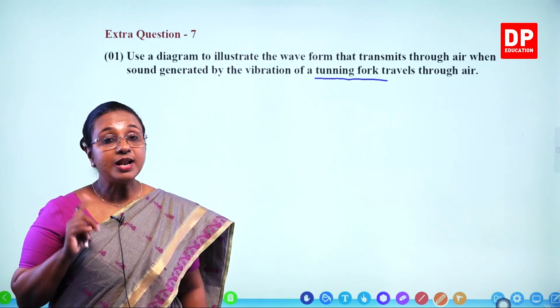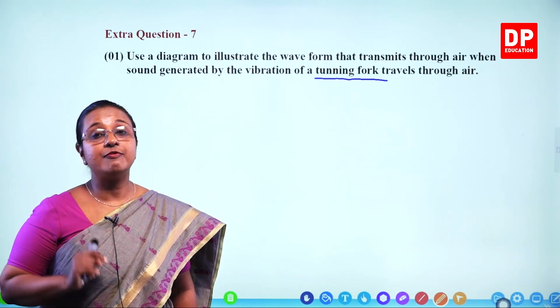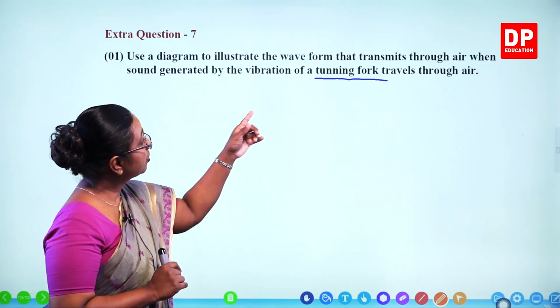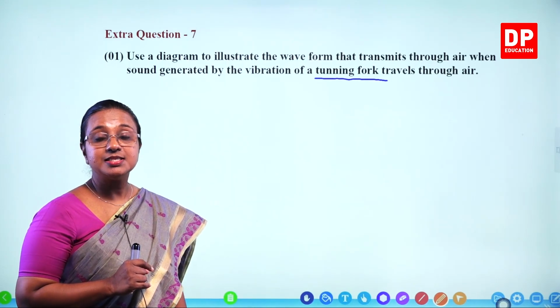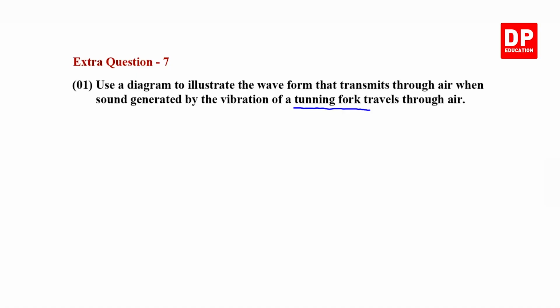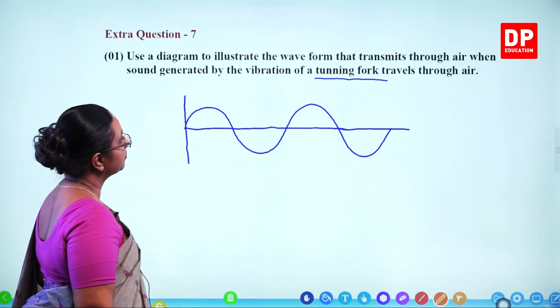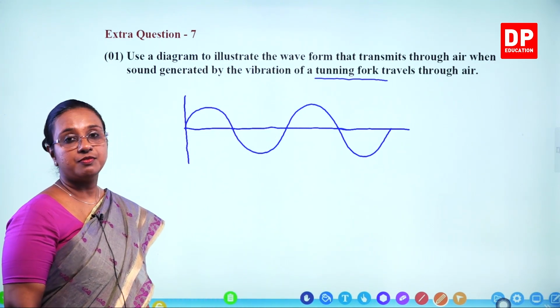That is the quality of sound. Quality of sound is the waveform of the sound. So a tuning fork produces a sinusoidal wave. So what is the waveform? If we show it here, it will be like this. This is the waveform produced by a tuning fork.